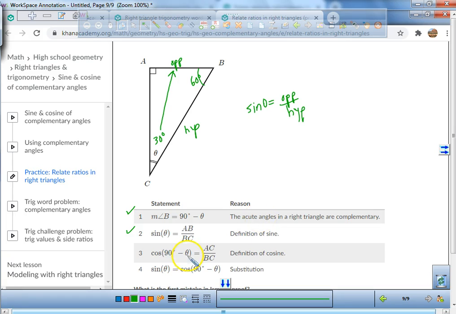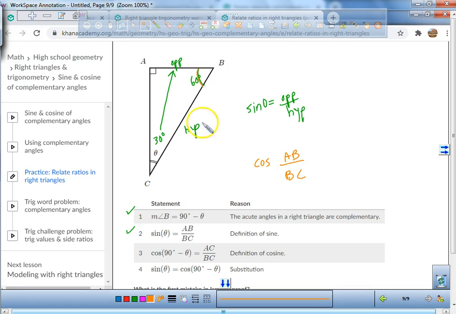Okay. Now the cosine, it says, is 90 minus theta. Well, that's true. But it says it's AC over BC. Well, in this particular case, the cosine would be AB over BC.